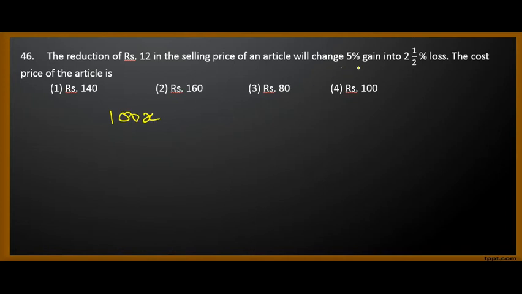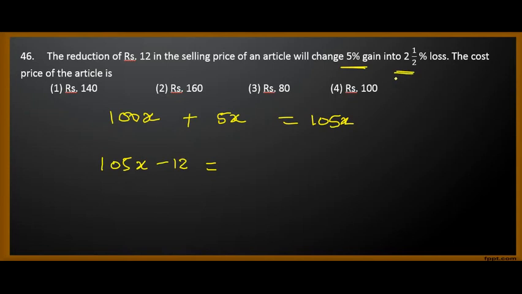Now initially, what is the profit? 5%. So which is equal to how much? So 5x is the profit. Then selling price is equal to how much? 105x. If he deducts 12 rupees, so 105x minus 12 rupees is equal to what?